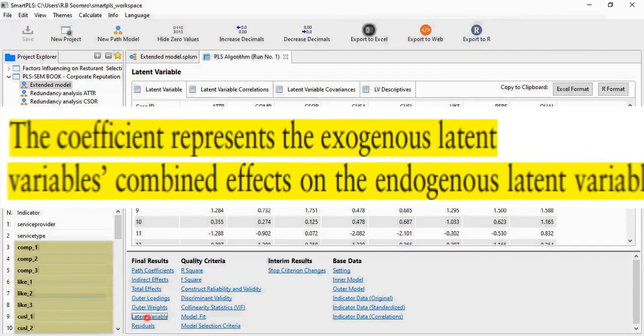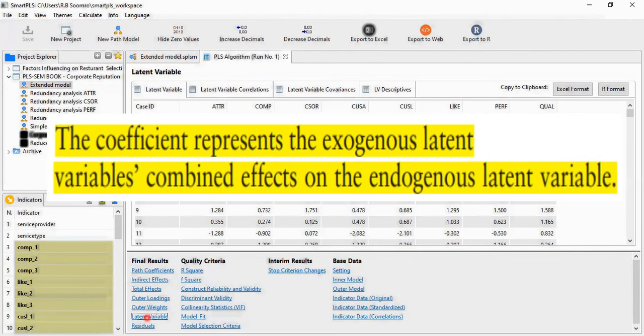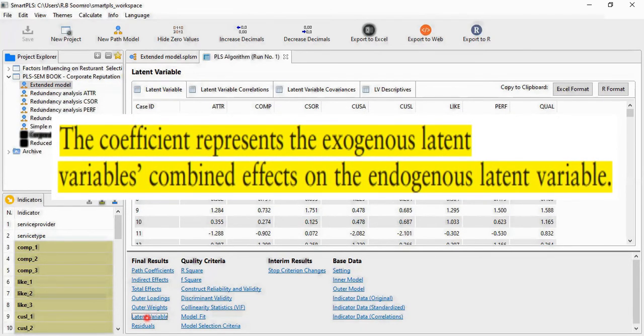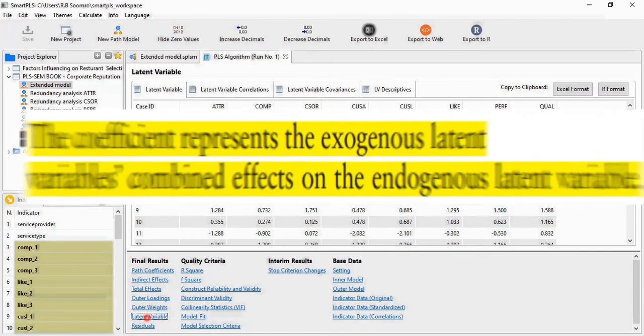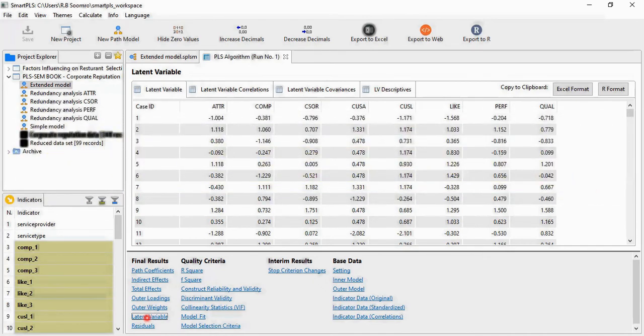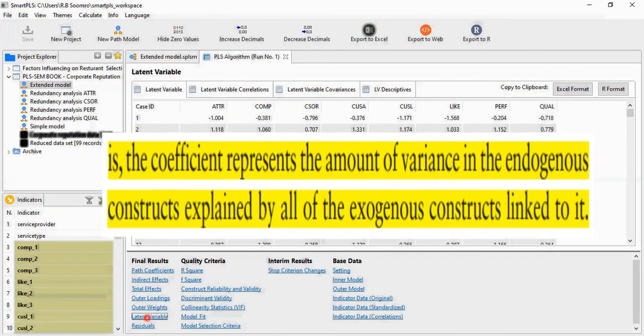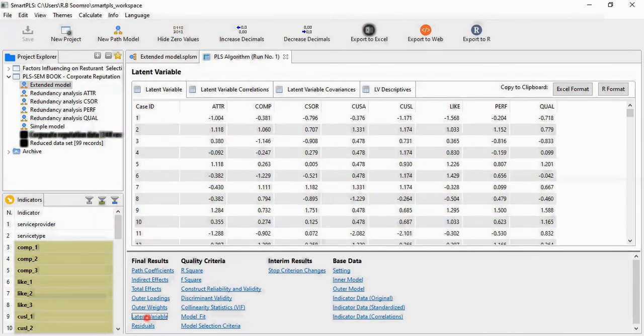One definition: the coefficient of determination R-square represents the exogenous latent variables' combined effect on the endogenous latent variable. Exogenous latent variable means independent latent variables' combined effect on the endogenous latent variable. Another definition: the coefficient represents the amount of variance in the endogenous construct explained by all the exogenous variables which are linked with it. So that is our R-square.